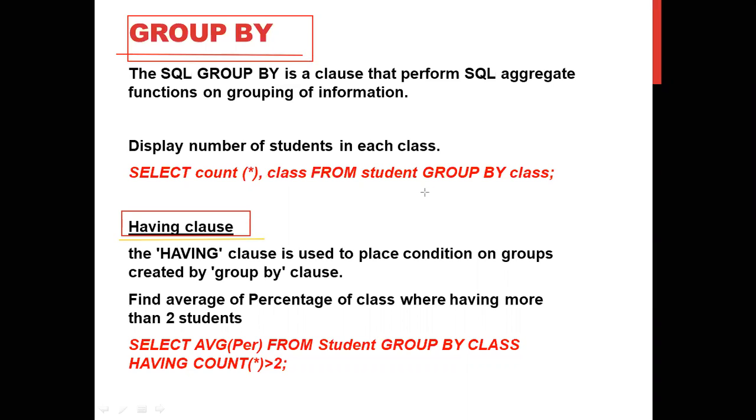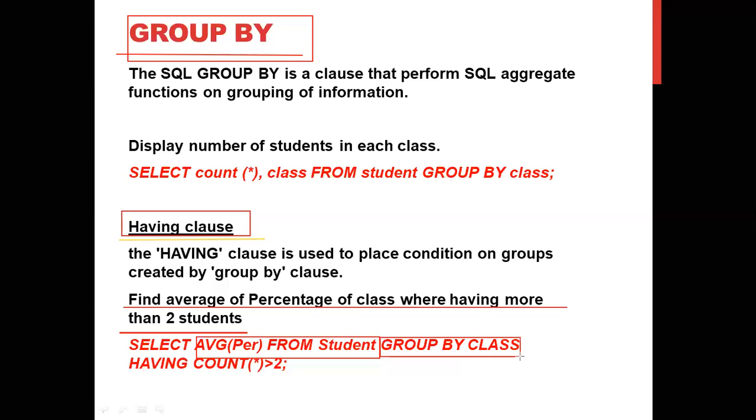In this question: find the average of percentage of classes having more than 2 students. It means first we have to find the average. The condition given is that the class has more than 2 students. It means we have to create groups according to class.